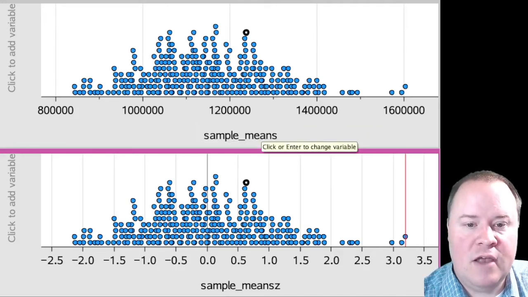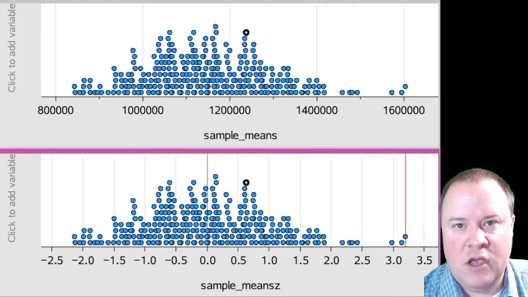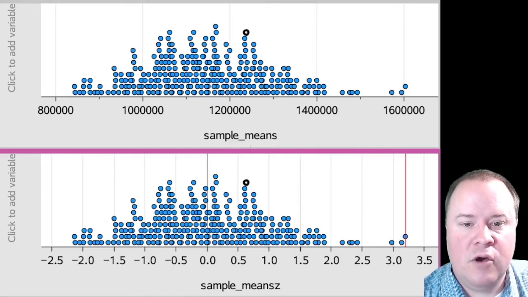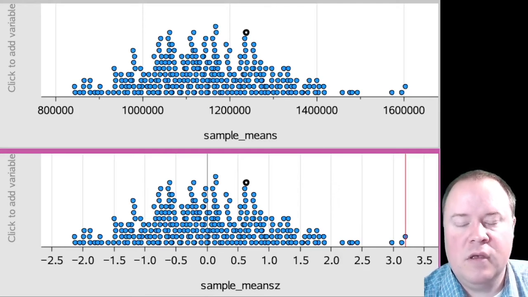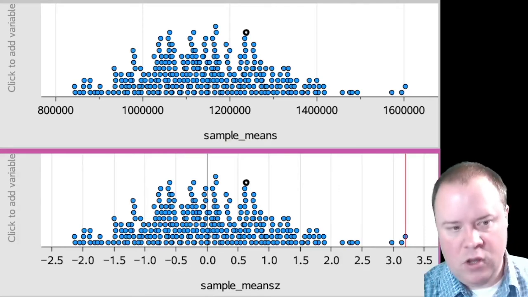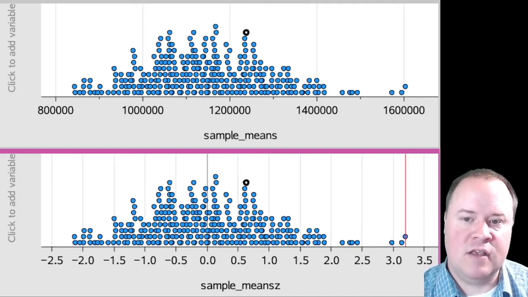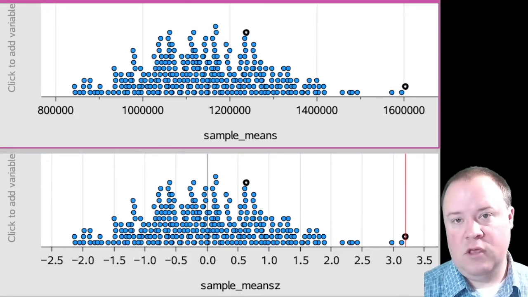The mean is here at 0, because the mean is 0 standard deviations away from the mean. We remember the mean is about 1.14 million, so that's here. Now, something I want you to think about is what happens if we get a data point out here, let's say this one. This data point is really far away from the mean.